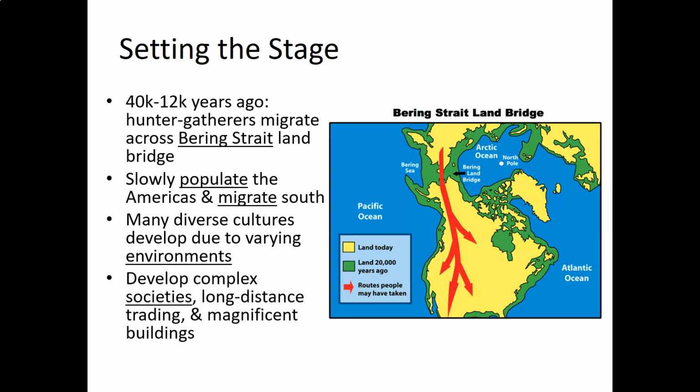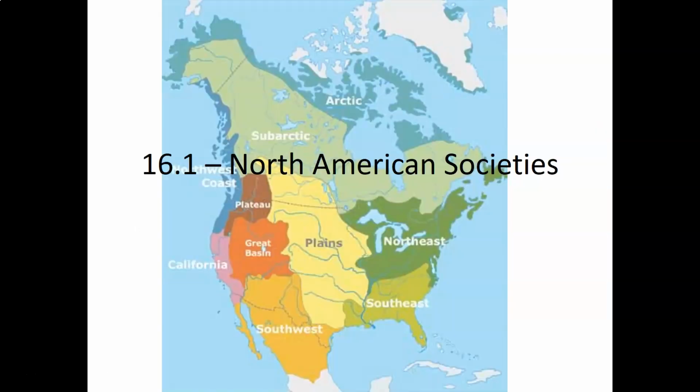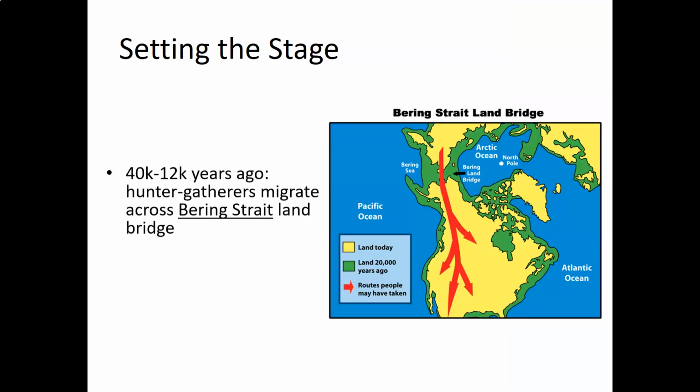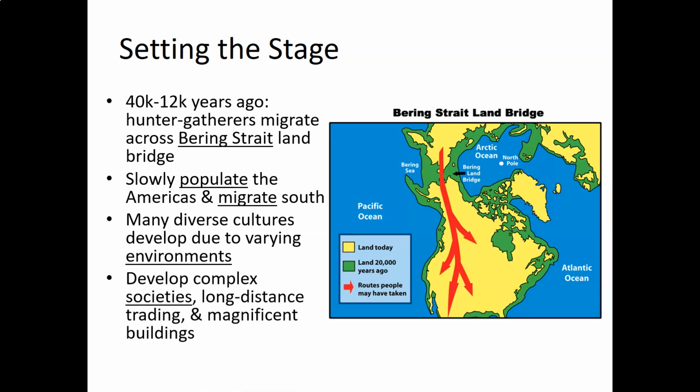If you just go back and look at the previous slide, you can see the breakups of the Native Americans, but in general, they're following geographic guidelines here. And you're going to see some very complex, sophisticated societies that, in many cases, develop long-distance trade networks and have very significant buildings and structures that they're able to construct in their society.